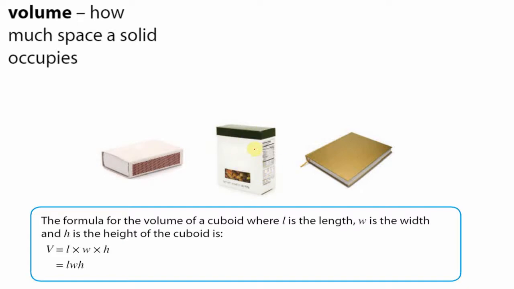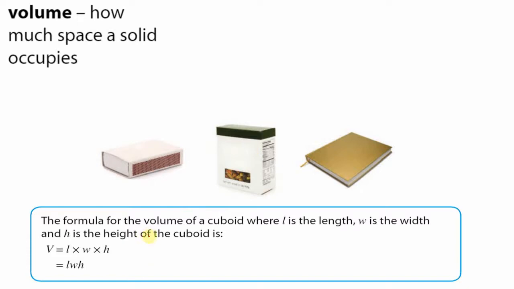If on the other hand it was surface area, I would ask how much paper do I need to wrap around this shape or this container in square units. But volume is how much can it contain. So it's about the inside, whereas surface area is about the outside.